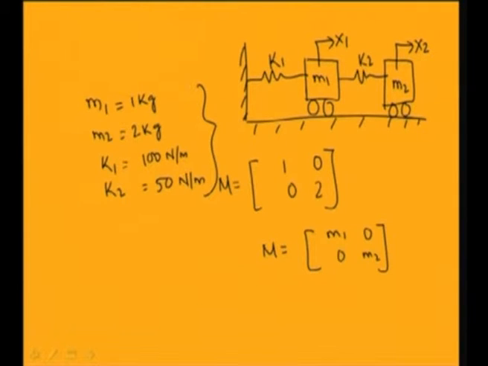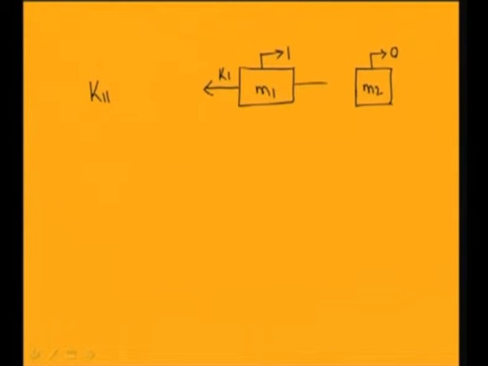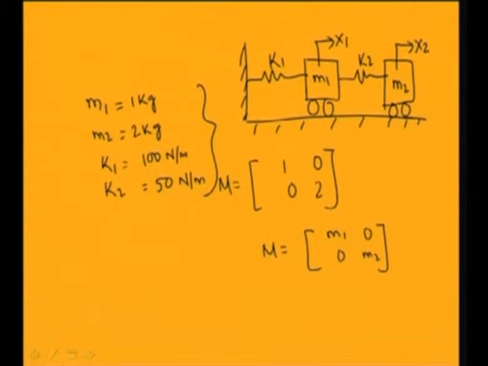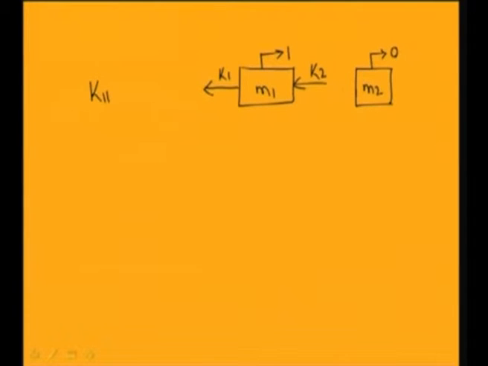So it will exert a force K2 in the opposite direction. Similarly, mass 2, as it is stationary with x2 equal to 0 for the time being, is subjected to a spring force K2 acting on it in this direction.